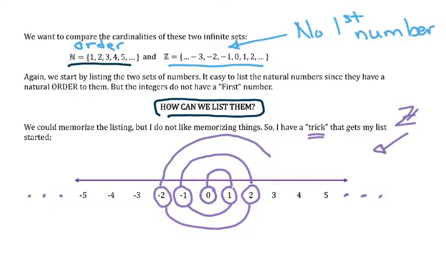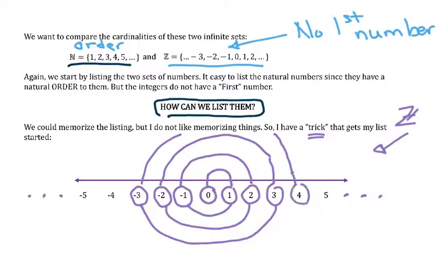So I'm just winding around, collecting the integers, and if I continue this, we would get all the integers.